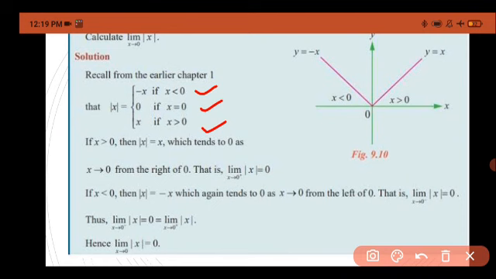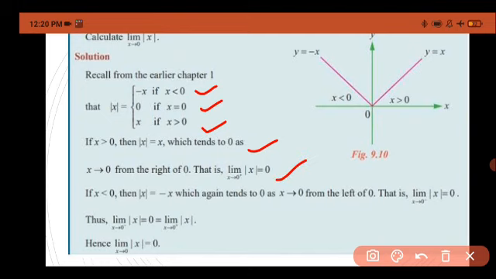So if x is greater than 0, then mod of x is equal to x, which tends to 0 as x tends to 0 from the right, that is x tends to 0 plus, we are writing from the right side. So it is 0 only.